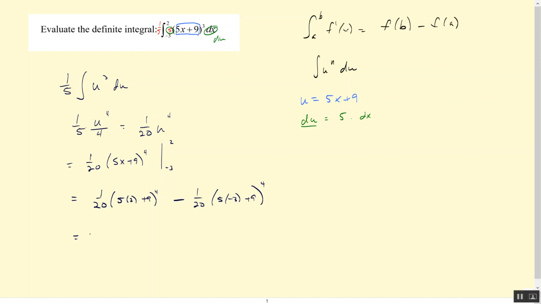Plugging this into your calculator, I'm going to get 1/20 times 19 to the fourth, and that'll be 6516.05.